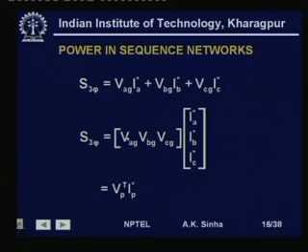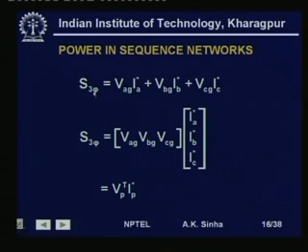So, this is what we do: we have the voltage and current transformation from phase quantities to symmetrical component quantities, or from symmetrical component quantities to phase quantities, using A and A inverse matrices.